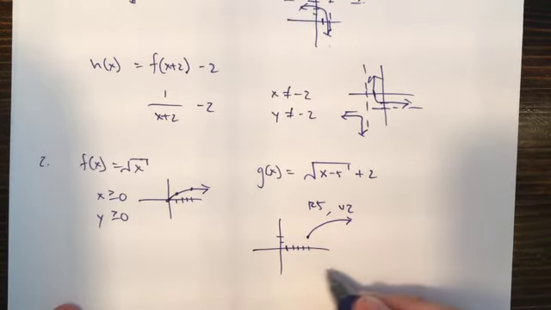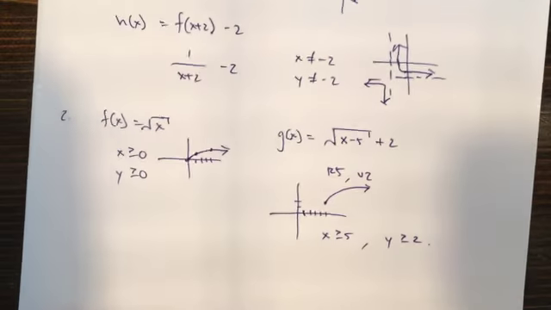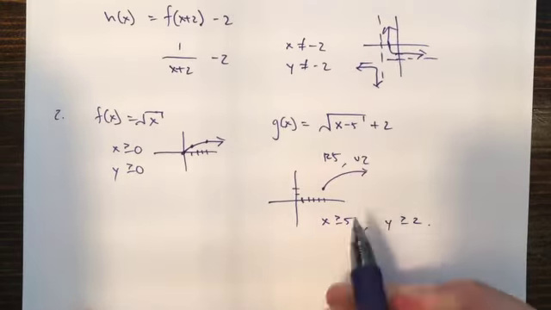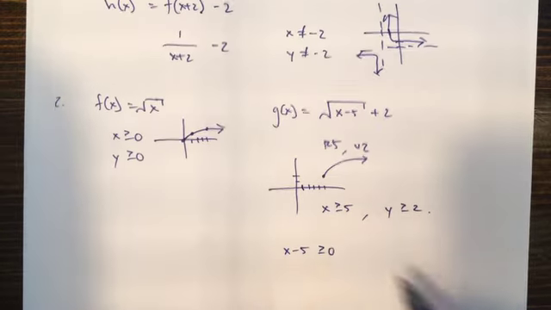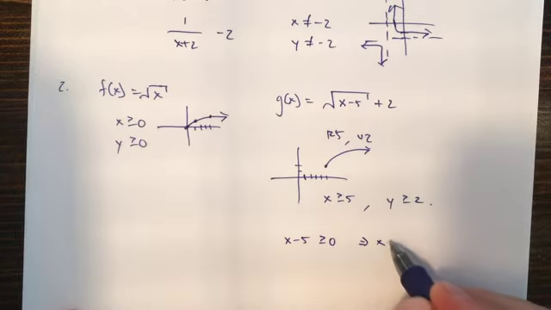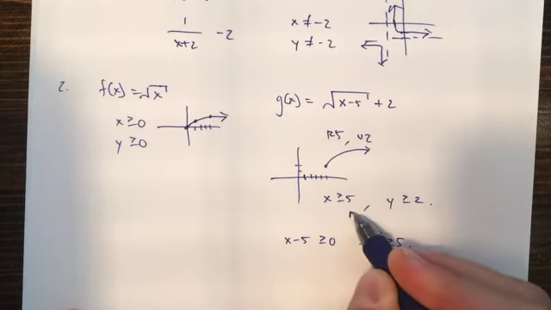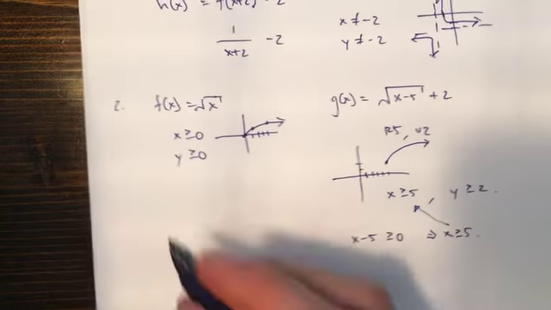So it's not hard to see that the domain is now x is greater than or equal to 5, and the range is now y is greater than or equal to 2. But remember that anything that's inside an even root has to be greater than or equal to 0. So x minus 5 has to be greater than or equal to 0, which means that x has to be greater than or equal to 5, which is what we can see from the graph and thinking about the translation.